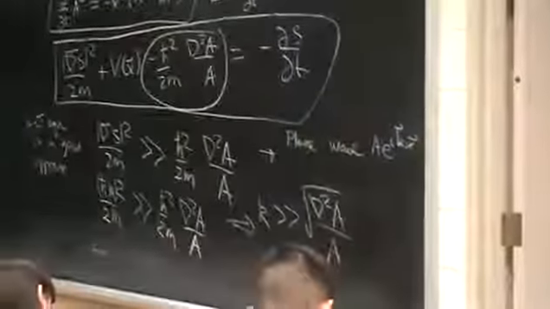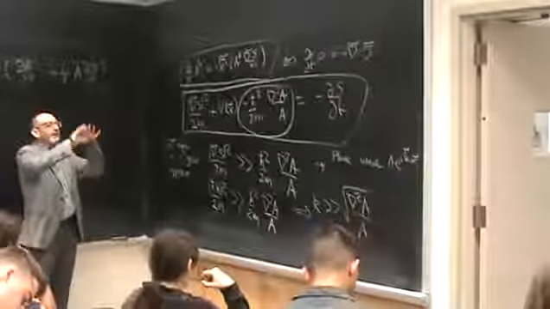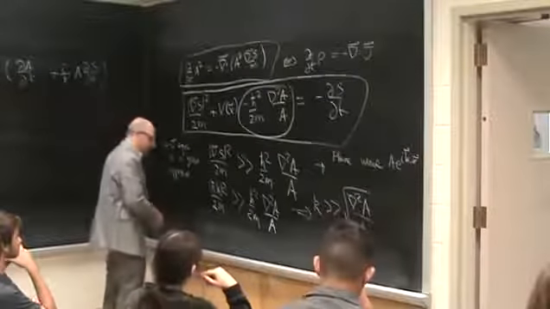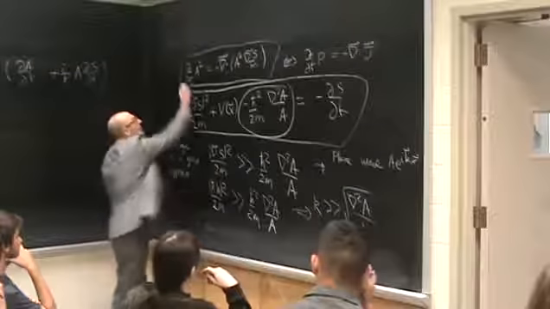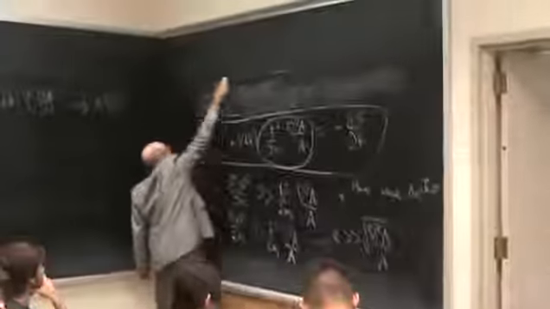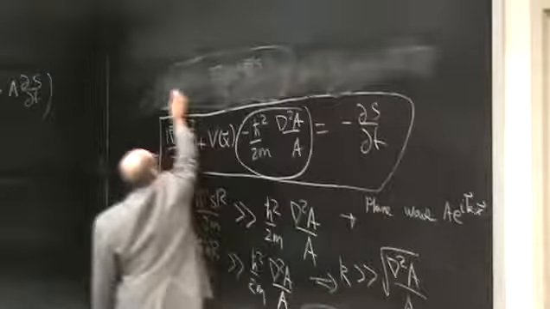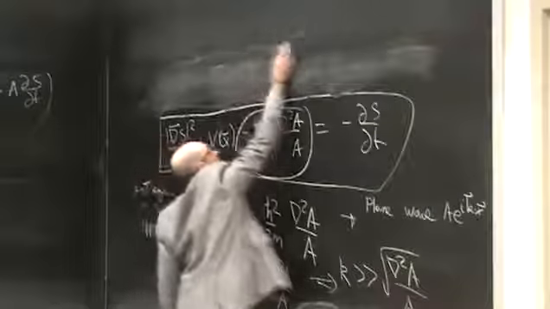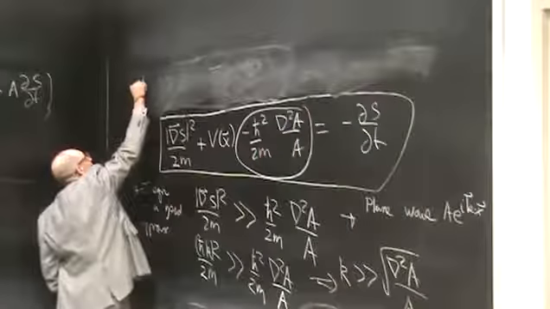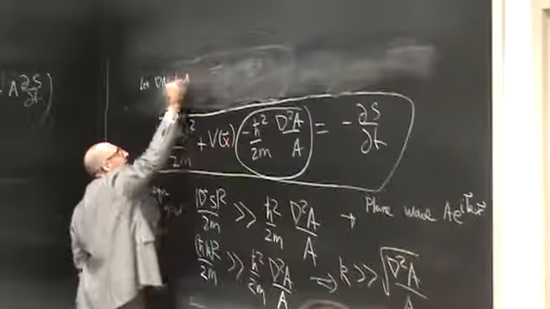Now, let's say that there's some characteristic length scale over which the wave function changes its amplitude. So I'm just going to say there's some length scale over which this changes.